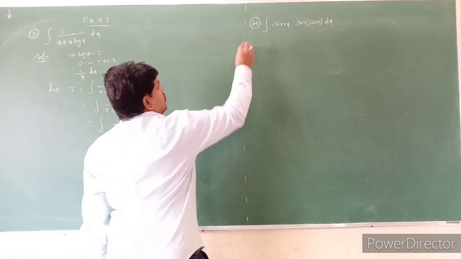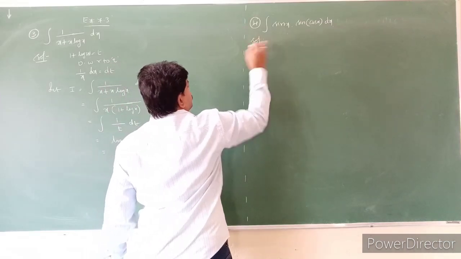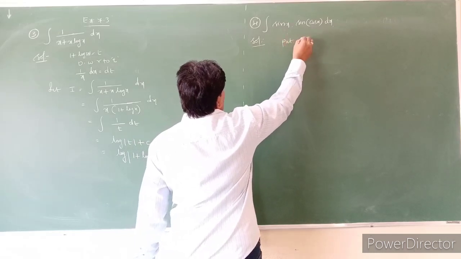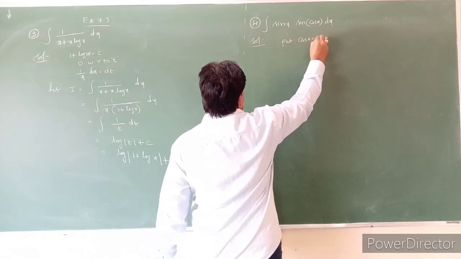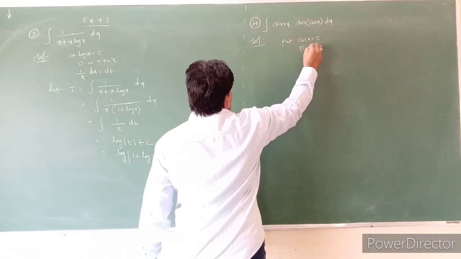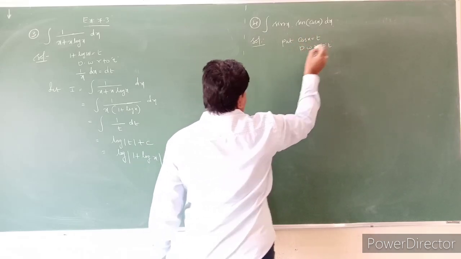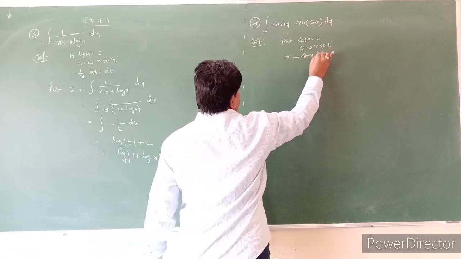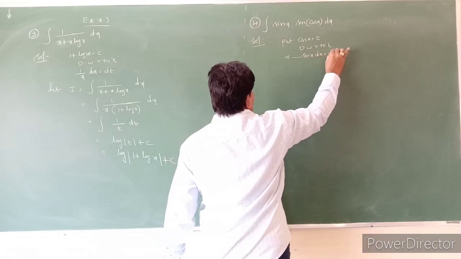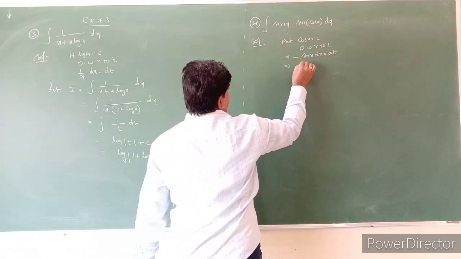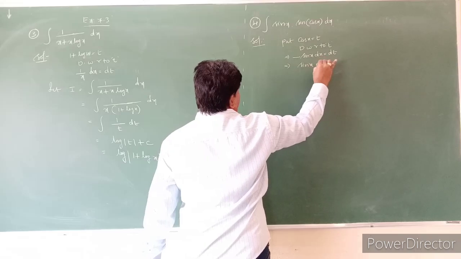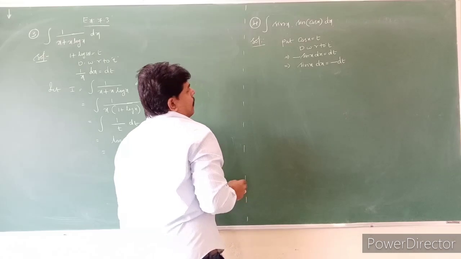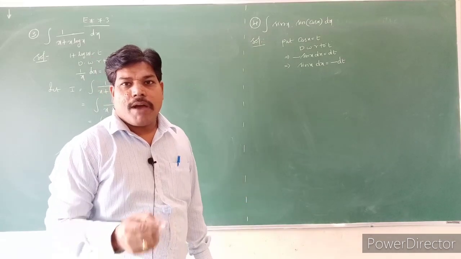So see, students, the solution of this question is, what I will take is, put cos x is equal to t. What happens? Differentiate with respect to t. The cos x derivative is minus sin x into dx, it will become dt. So that implies sin x into dx will become minus dt.